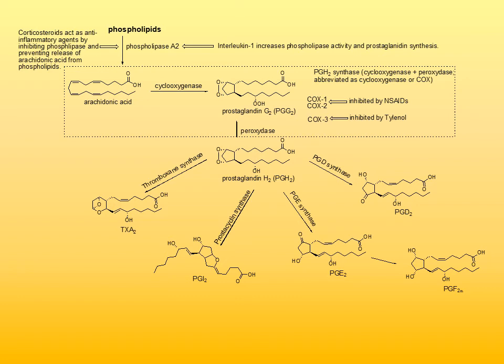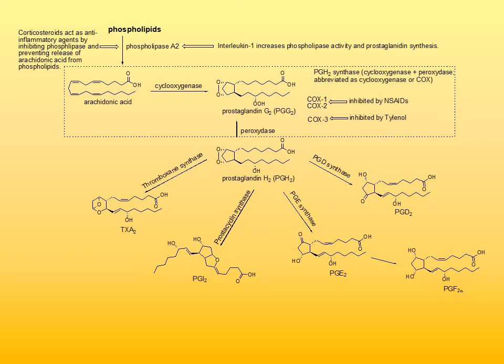The cyclooxygenase enzyme is abbreviated as COX enzyme. Non-steroidal anti-inflammatory drugs, NSAIDs, inhibit the cyclooxygenase pathway, so they inhibit synthesis of prostaglandins. But since they only inhibit cyclooxygenase and they don't inhibit the lipoxygenase pathway, they don't inhibit synthesis of leukotrienes.